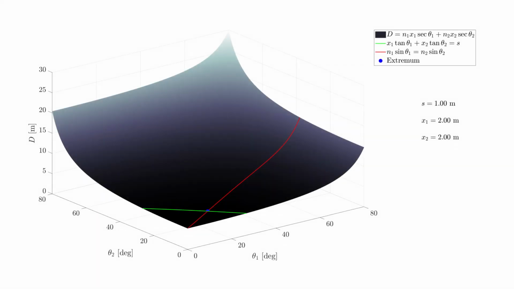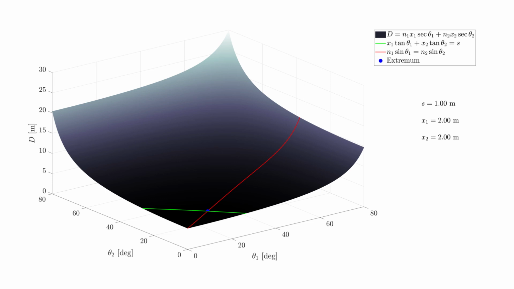I have now plotted our function for the optical path length as a surface for values of θ1 and θ2 in the range 0 to 80 degrees, and some randomly chosen values of the total vertical distance s and the horizontal distances x1 and x2. The refractive indices I used were 1 and 1.6, typical values for air and glass, respectively.